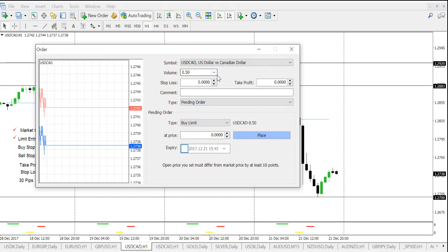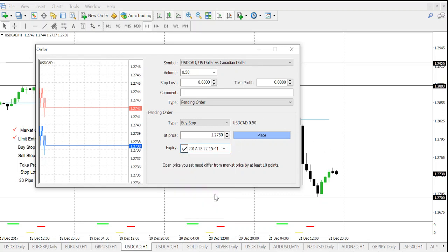So what I mean by that is I come over here and I do a pending order again. I set my risk tolerance and I put in 127.50. Now instead of doing a buy limit, I drop down this menu here and you see I have a couple other options. I have a buy limit and sell limit, which we just went over. And then we have a buy stop and a sell stop. So I just select my buy stop, and that means I'm buying as soon as price gets up to that level, but it's above the price that it's currently at.